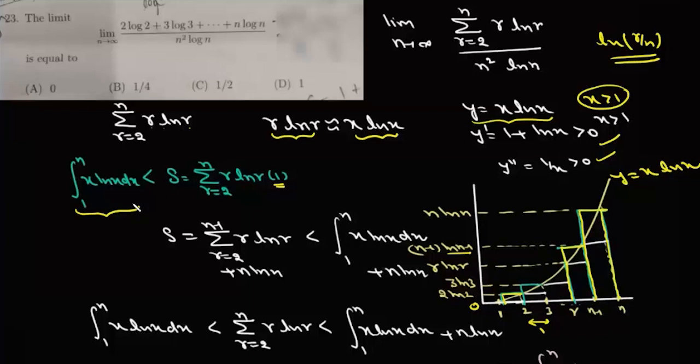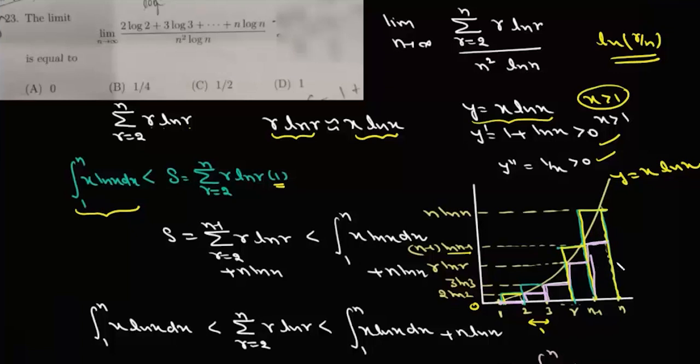Now there is another way to draw these rectangles. We'll draw them from the starting of the point. So now this is 0. This rectangle from 2 to 3, its height is 2 log 2. Then here it will be 3 log 3. Then this is r log r, and this is n minus 1 log n minus 1.